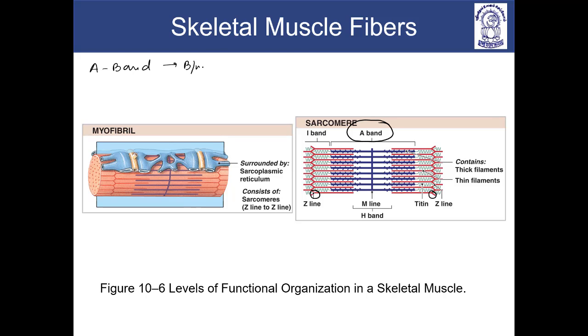This is the smallest contractile unit, which is known as what? Sarcomere. Contractile unit, sarcomere. So the A bands and the I band.